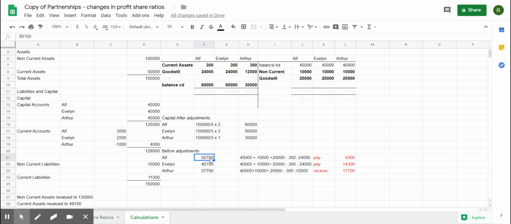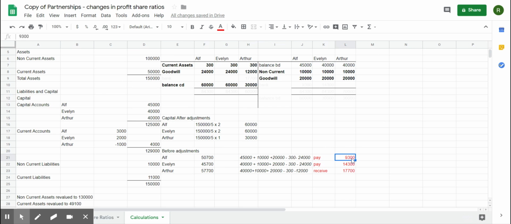So Alf, if we weren't doing these adjustments, would have 50,700 of capital because we add up his credit entries, and they come at the moment to 75,000. We need to take off these two debit entries, and therefore at the moment Alf has got capital of 50,700. He needs to have capital of 60,000.